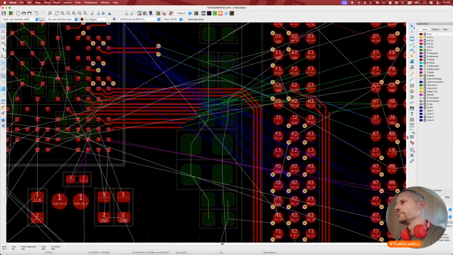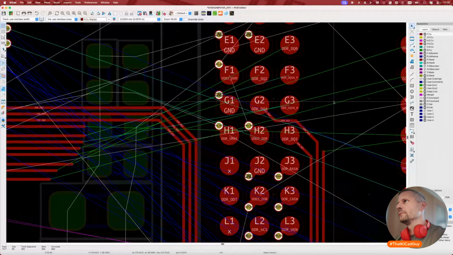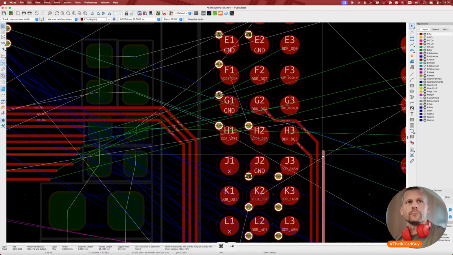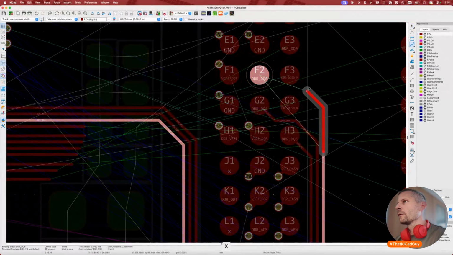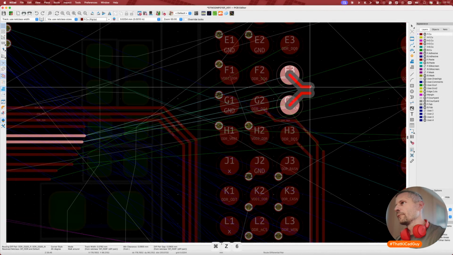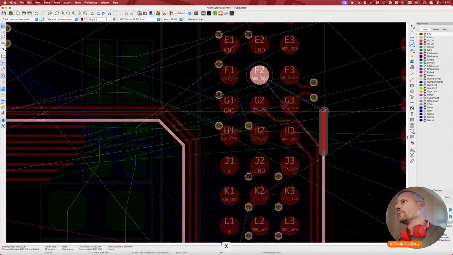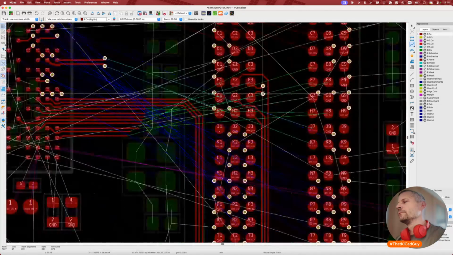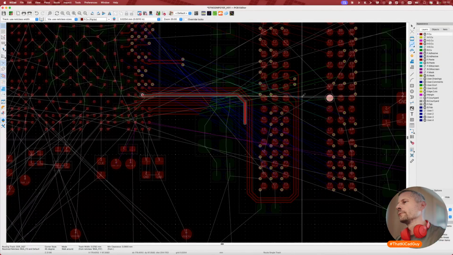Okay, so there will be a pair of vias. DQ2. So DQ6 is DQ2. Yeah, this is the pair.